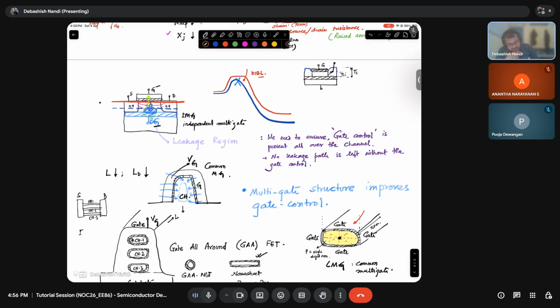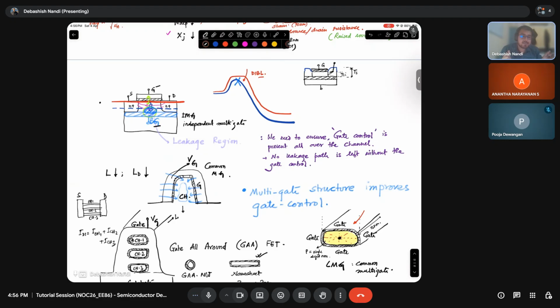So I can have IDS is equal to I channel 1 plus I channel 2 plus I channel 3. So if I use the same current formula, the periphery of this plus the periphery of this plus the perimeter of this, adding them will give me the W effective, right?